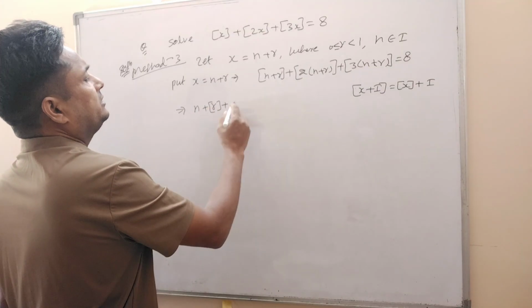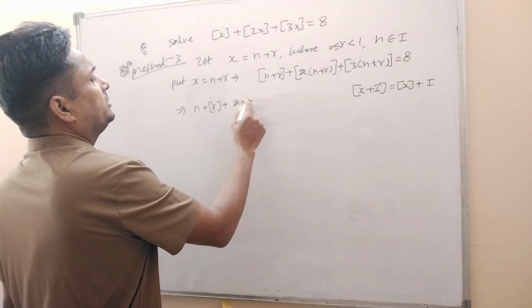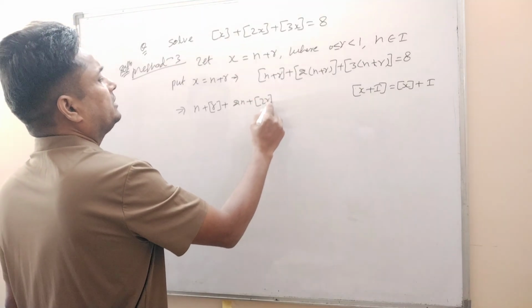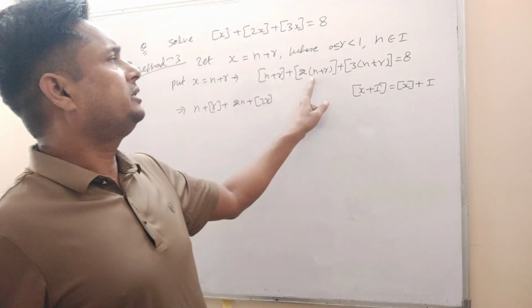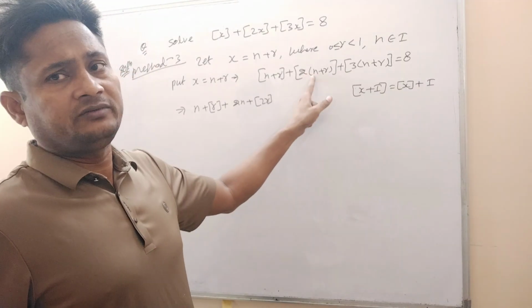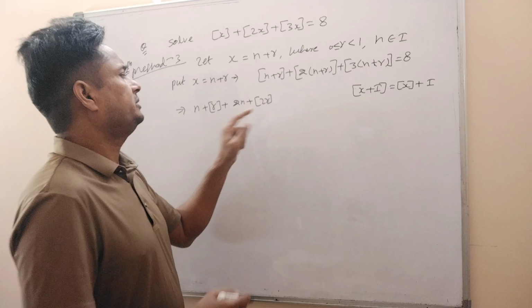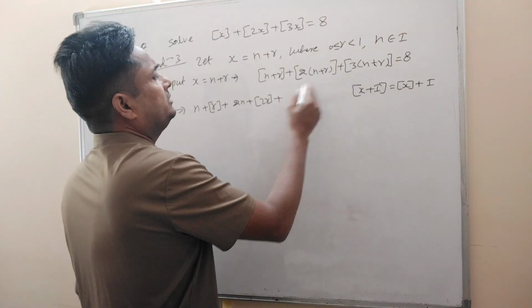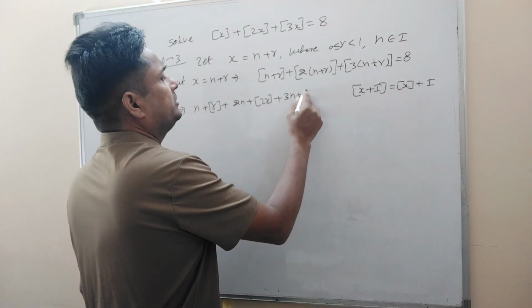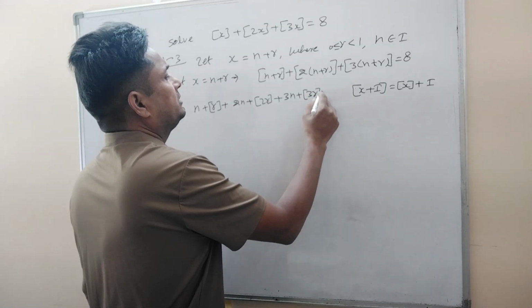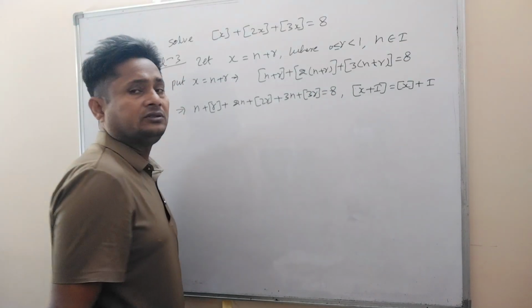This you can write as greatest integer of 2n plus 2r, and 2n will be an integer, so it will be 2n plus greatest integer of 2r. In the same way, this can be written as 3n plus greatest integer of 3r. This is equal to 8.